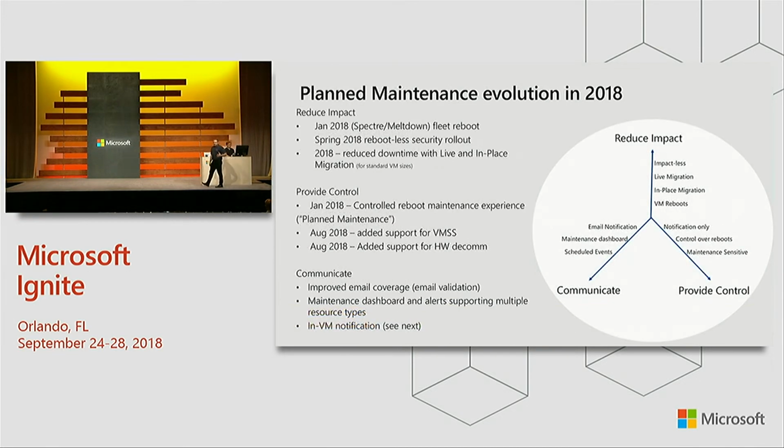And we are looking into those mechanisms as kind of an evolution of what we are doing with planned maintenance. So first of all, we are looking into impact reduction. And I talked a lot about it with all different types of mechanisms, but we also are looking to provide more control. We would like to give you control over when exactly it happens, even if it's planned. Ziv in a couple of moments will demonstrate scheduled events.